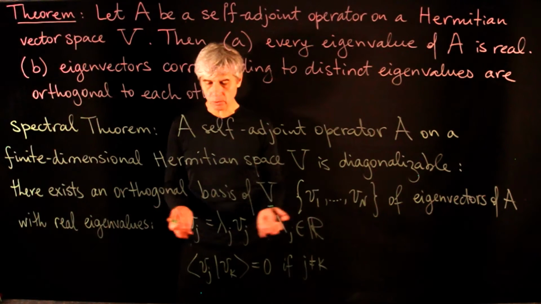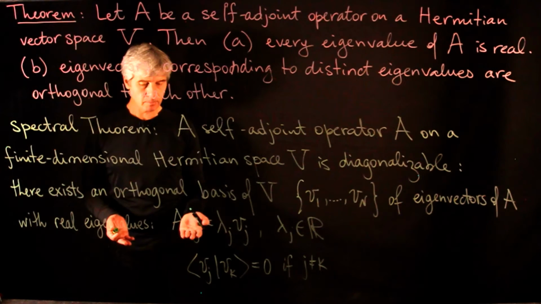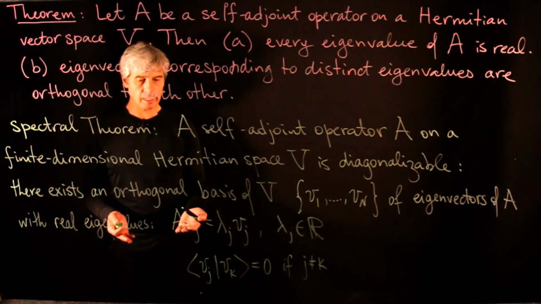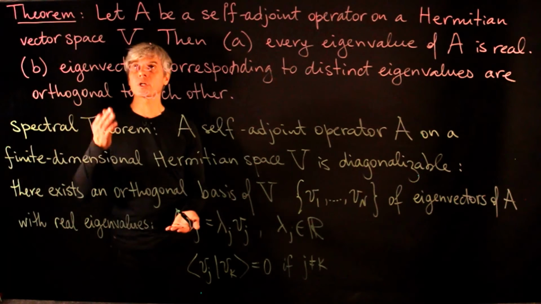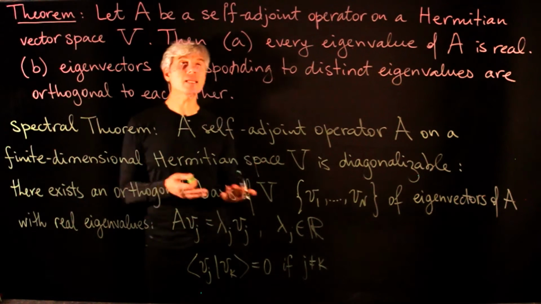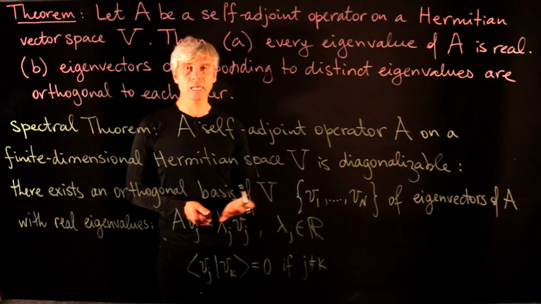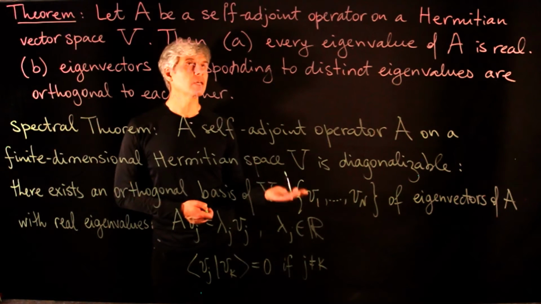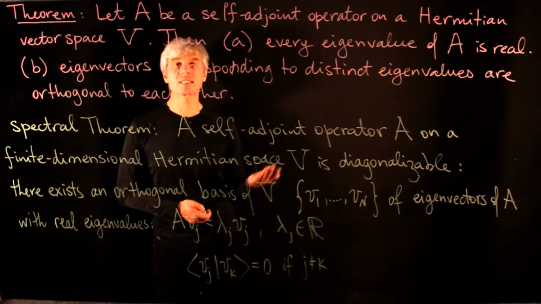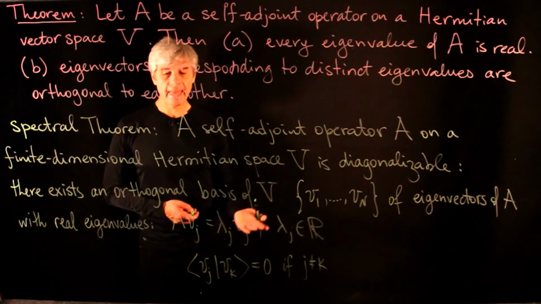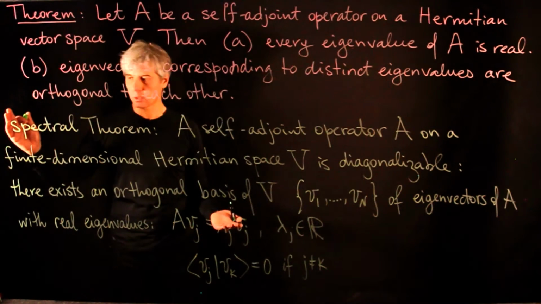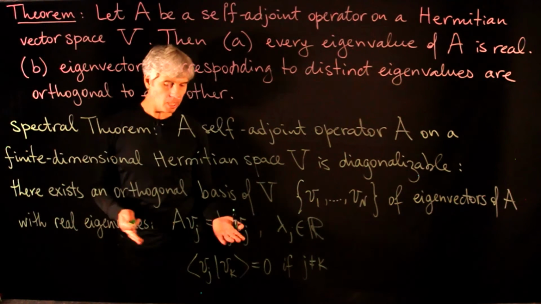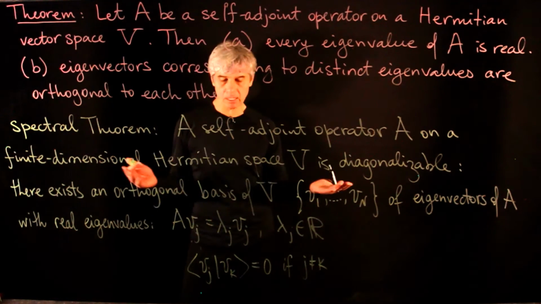And I just wanted to mention here that if we look for self-adjoint matrices that are real, right? If a matrix has no imaginary part, then a real self-adjoint matrix is just a symmetric real matrix. And so the spectral theorem applies to real symmetric matrices as well.